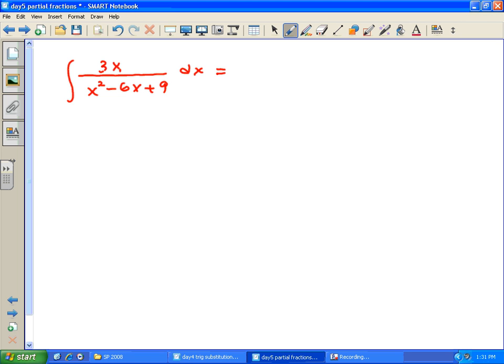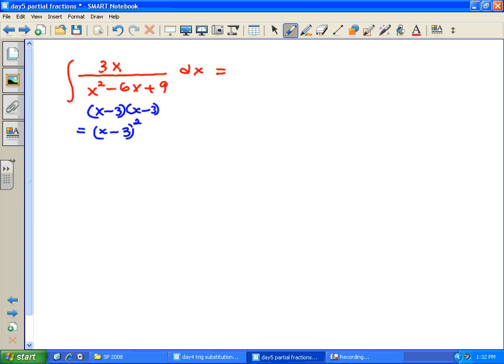Let's see if we can factor the bottom. If we can factor the denominator, what will we get? x minus 3 times x minus 2, right? In other words, x minus 3 squared. This is a repeated linear factor. You cannot treat it the same way you treat distinct linear factors.